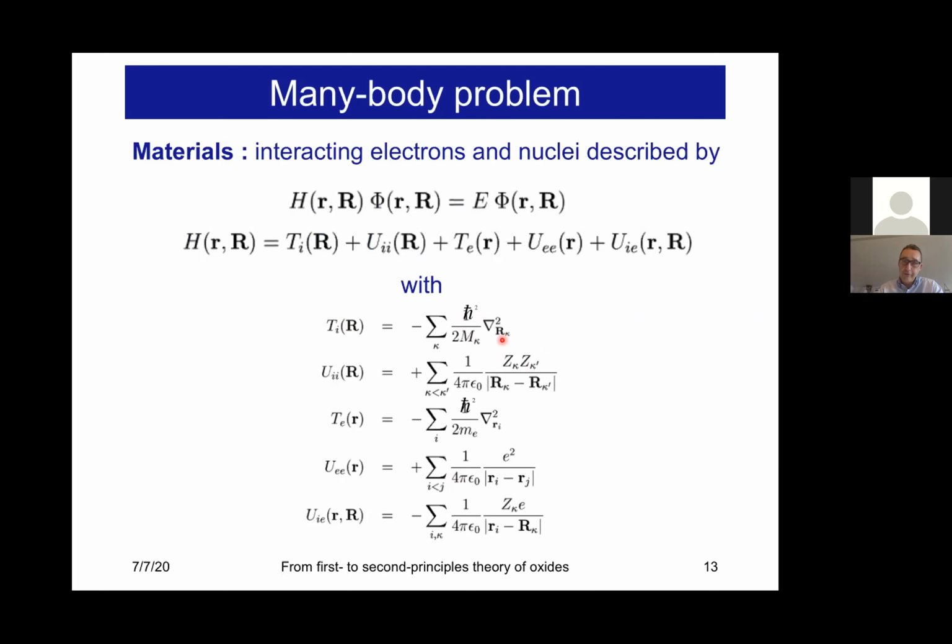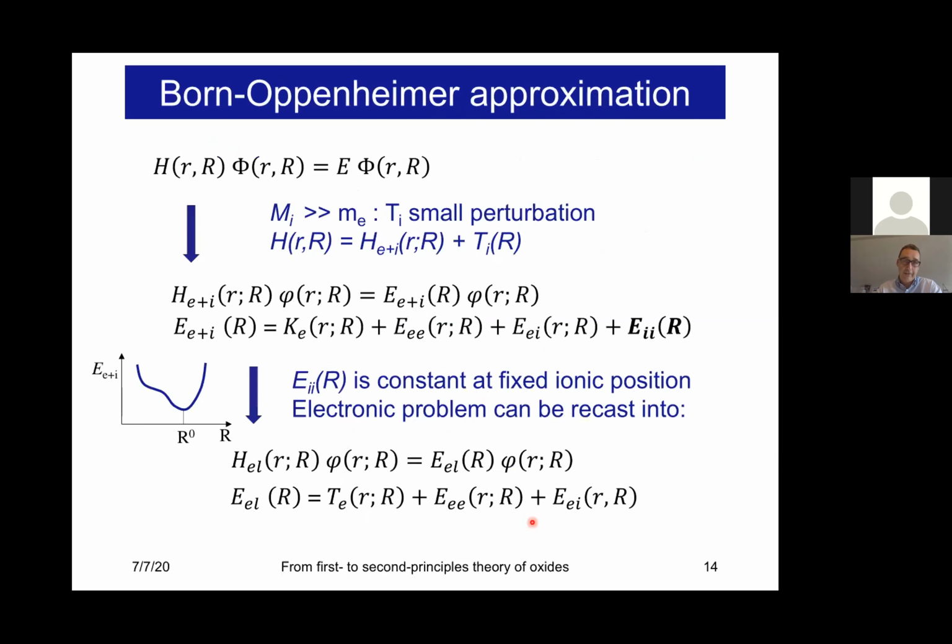So if you suppress this, then the position of the ions becomes a parameter of your Hamiltonian. And so within the Born-Oppenheimer approximation you now need to solve a Schrödinger equation like this, in which the position of the ions appears as a parameter of your Hamiltonian.